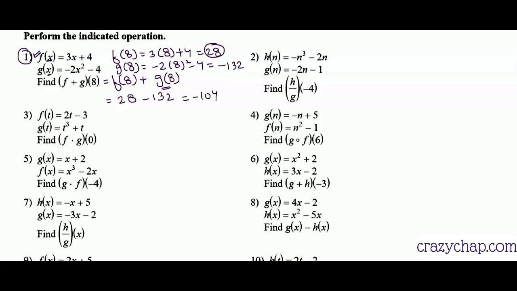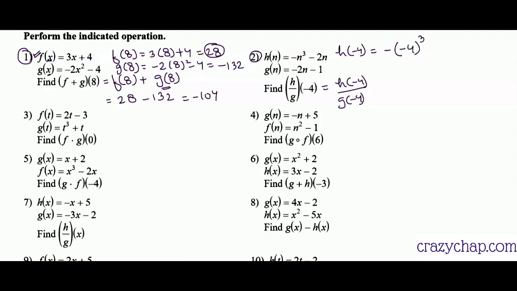Good. Have a look at number 2, guys. This is also the same. (h over g) of minus 4 is actually h of minus 4 divided by g of minus 4. So we'll calculate h(minus 4) and g(minus 4) one by one. h(minus 4) equal to negative, in place of n, I will put negative 4, guys.